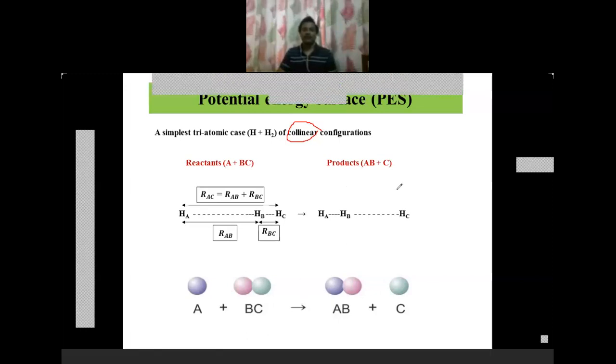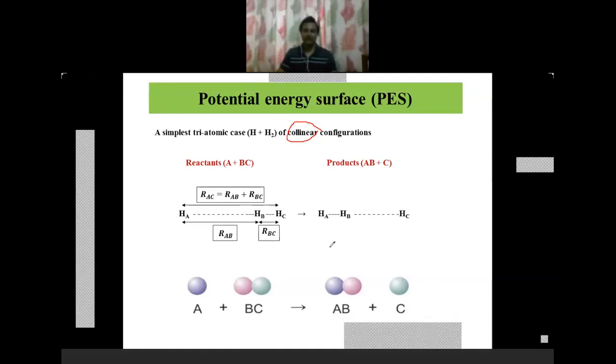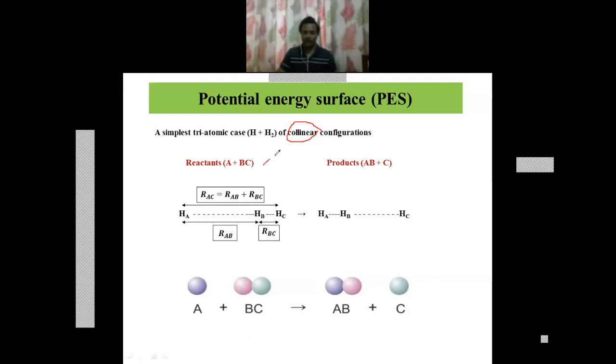So if we have this kind of system, now what is the potential going to look like, or when I am going from reactants to the products, in between from here to here, how the potential energy is going to be acting on this system?